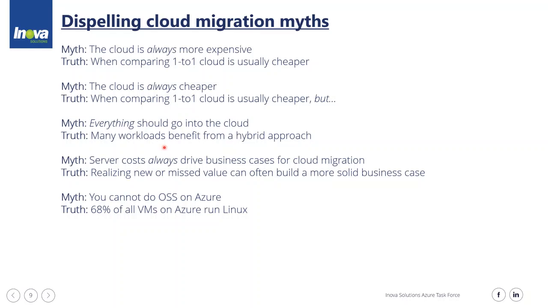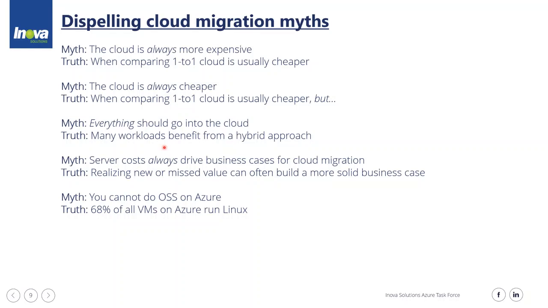However, this leads us to myth number 2, that the cloud is always cheaper. And if we're going to be very honest, that's not necessarily true either. While this assumption that comparing one-to-one the cloud is going to be cheaper is usually true, there may be some particular cases where cloud operating costs could be higher.